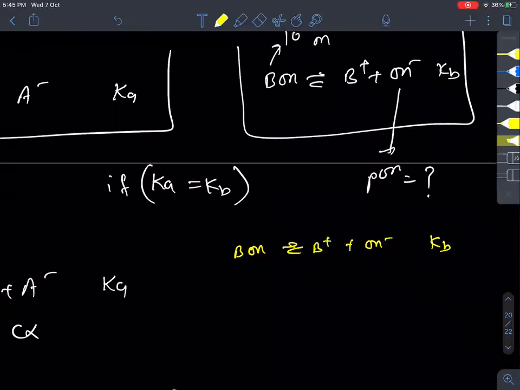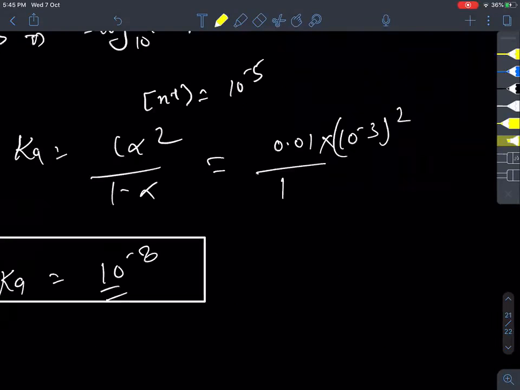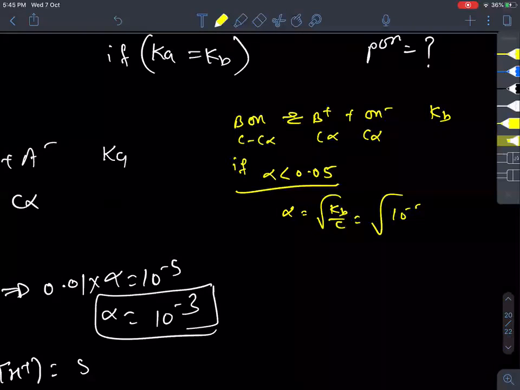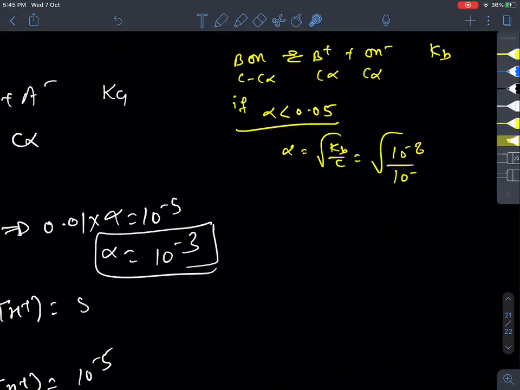Again, through the same procedure, with C minus C alpha, C alpha and C alpha, if alpha is less than 0.05, let us assume that it is less than 0.05, then the value of alpha will be root over Kb by C. The value of Kb is equal to Ka, which was 10 to the power minus 8, divided by 10 to the power minus 4, because that is the concentration we have taken. That will be root over 10 to the power minus 4, which is basically 10 to the power minus 2, which is nothing but 0.01.